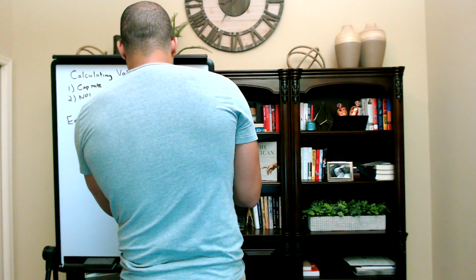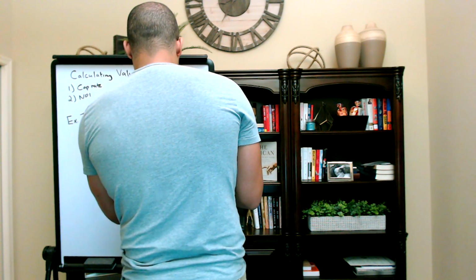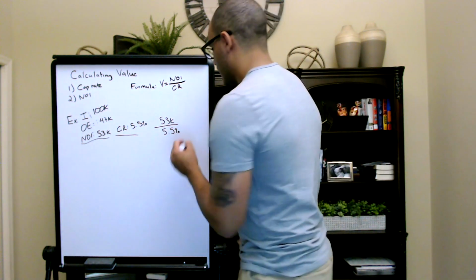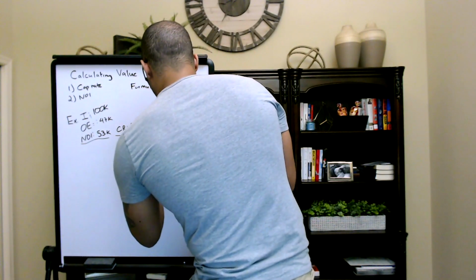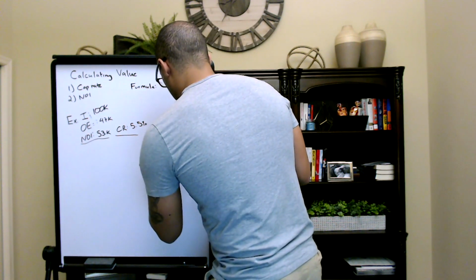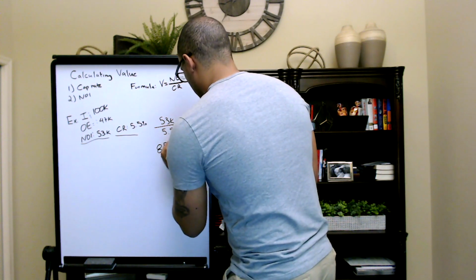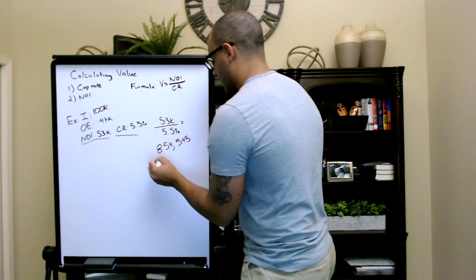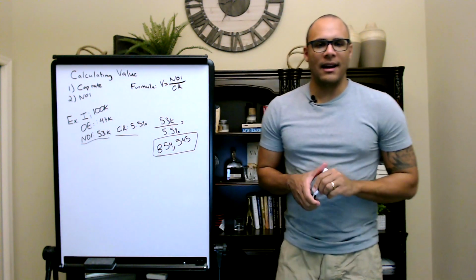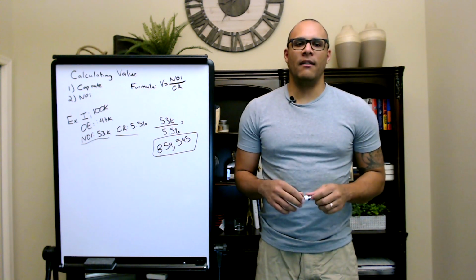So $53K divided by 5.5%. Plug that into your calculator, and the property value is $854,545. So that's the value of a property that has a net operating income of $53,000 and a cap rate of 5.5%.